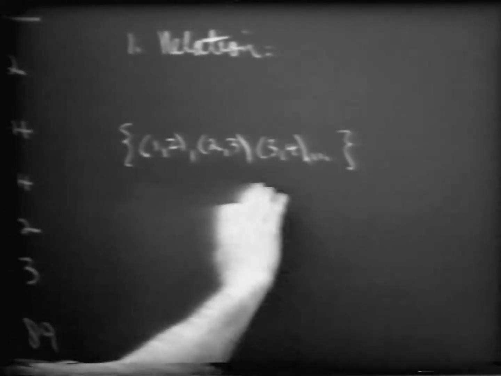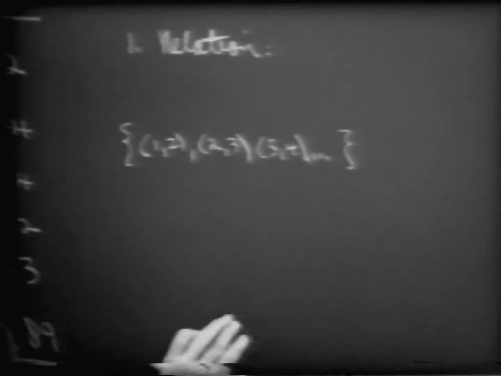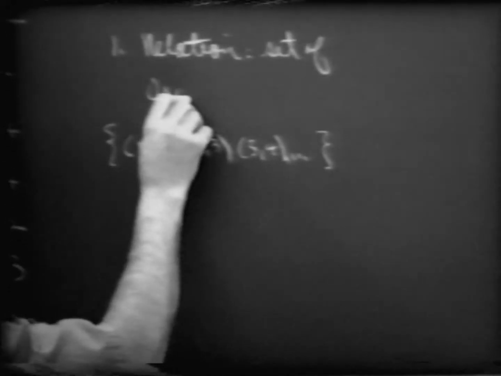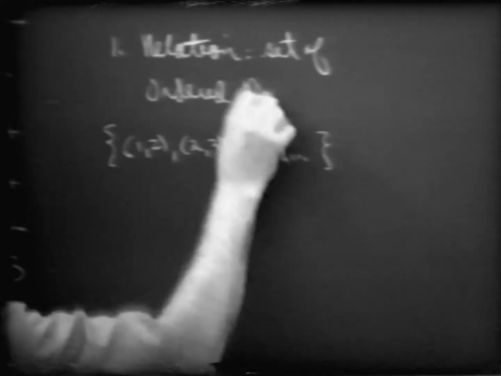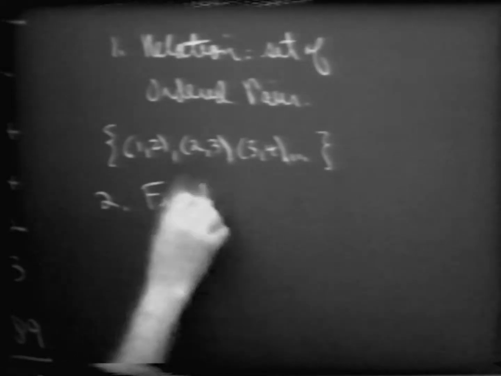We have a set of ordered pairs, and in fact, what then do we call a relation? Any set of ordered pairs. Just that. It is a set of ordered pairs. And we weren't particularly interested in a relation as much as we were in that idea of a function.